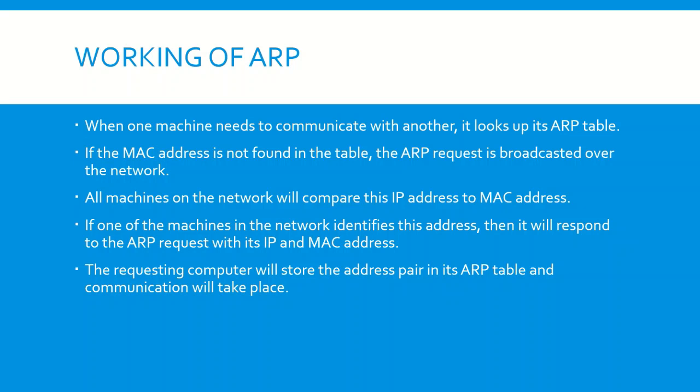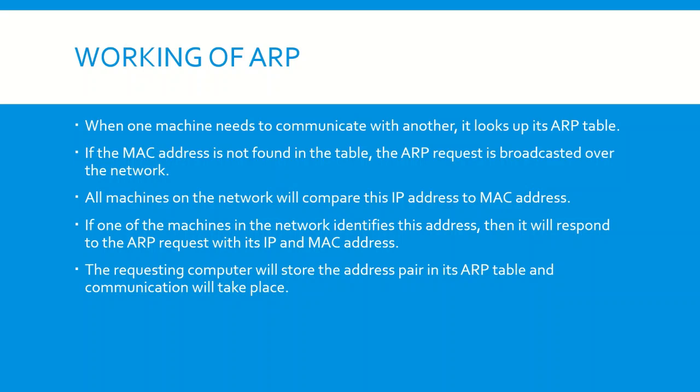This is Gangadhar. Coming to the working of ARP, every device has its own ARP table. In the table, we have the IP address matching the MAC address of the device. Whenever a machine wants to communicate with another device in the network, it sends a request asking what is the MAC address of this IP address.